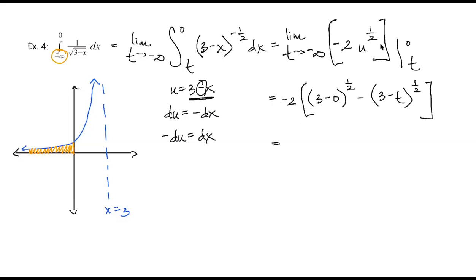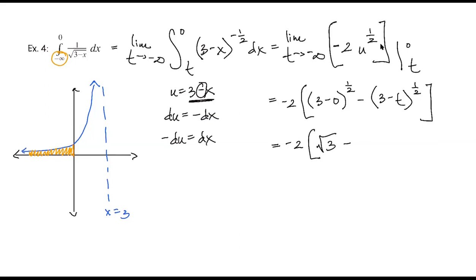And let's see what this gets us. Negative 2 times the square root of 3 minus the square root of 3 minus negative infinity. That's going to give us infinity.